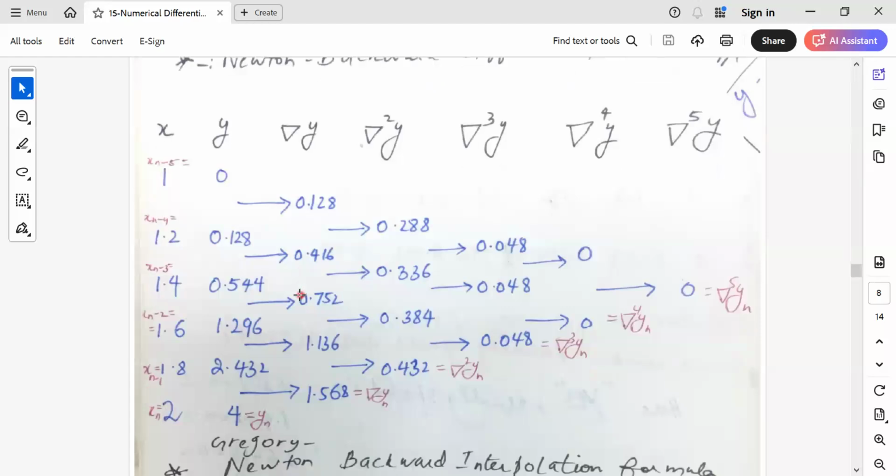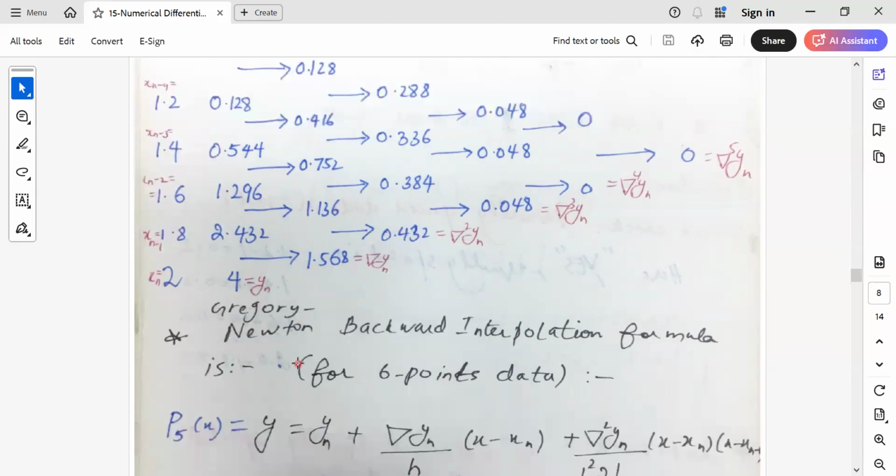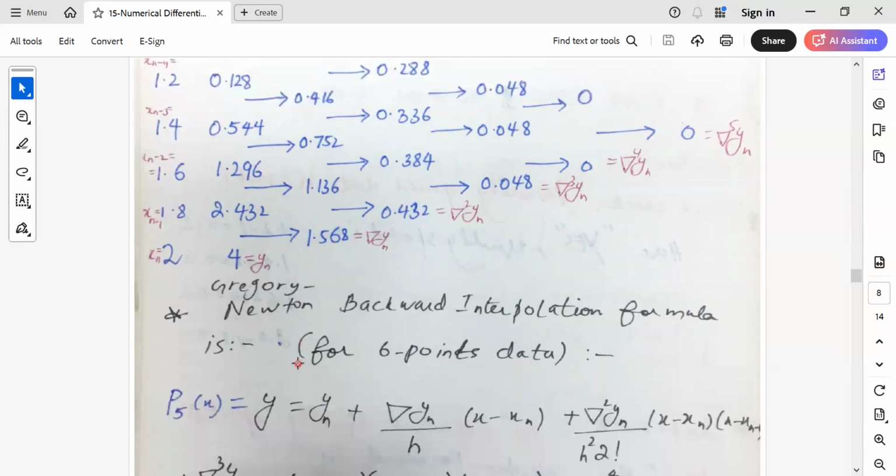Following the same pattern as in the forward difference, now the backward differences are in the bottom diagonal. So this is the first yn, again this one, and these in the lower diagonal are the values for the backward interpolation. Again, it is a 6-point data, so we should get a 5-degree polynomial.